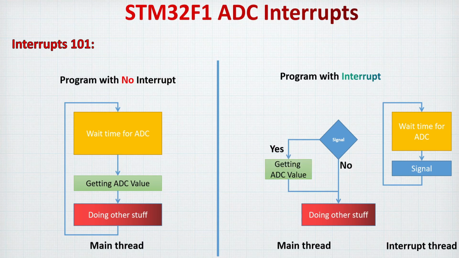If we do have the signal, we get the ADC value, and after that we run again. So you can see the saving of time is huge because we are not going to wait. That's the difference for the interrupt, and we will see later in detail how we are going to program it inside the STM32F1.